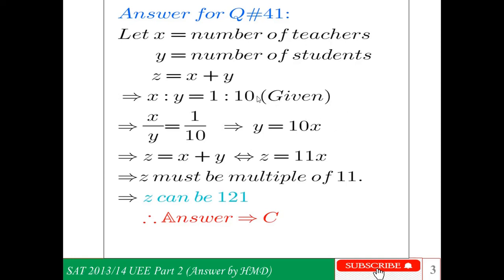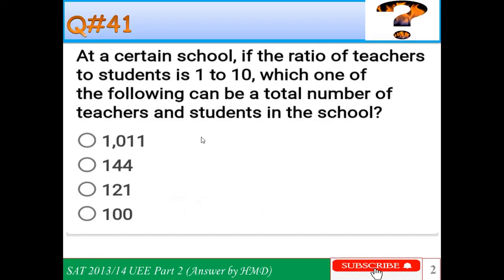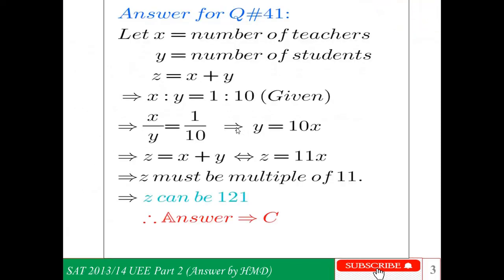You should notice here, the number of students in the school is 10 times the number of teachers in that school. Now the question asks which one of the following can be a total number of teachers and students. Here Z is X plus Y, as we have already mentioned.